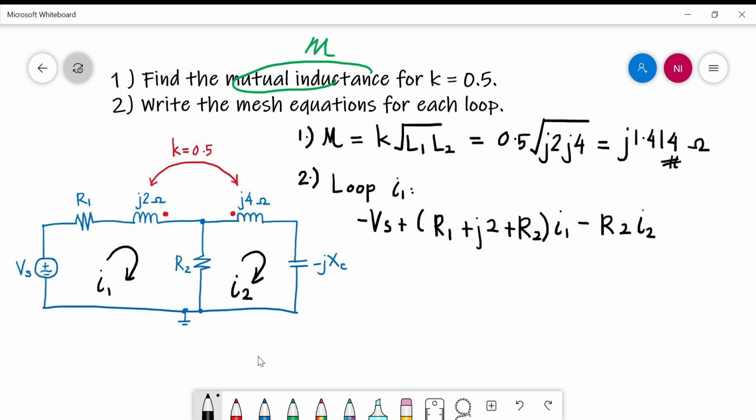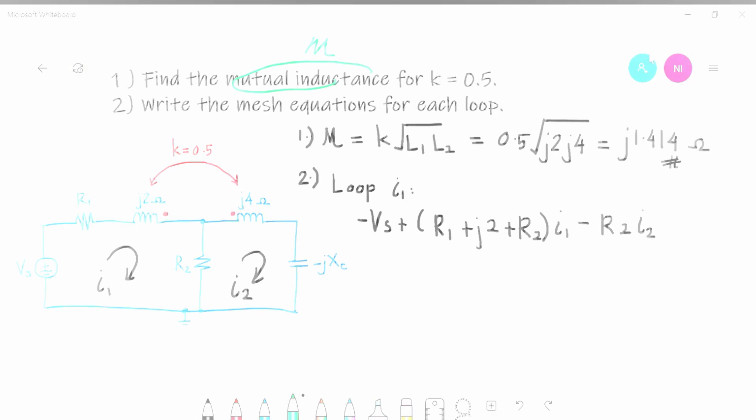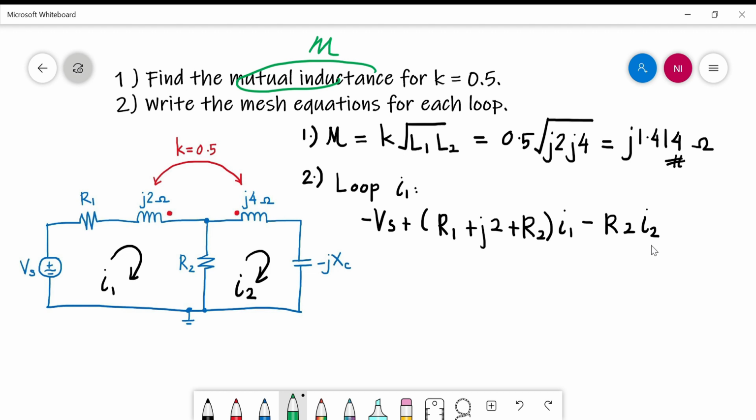Now what's the equation for this coupling? The coupling between j2 and j4 is mutually induced, not self-induced. Why? Because this j2 is in loop 1, while this j4 is in loop 2. So it is mutually induced. How do we complete this equation?